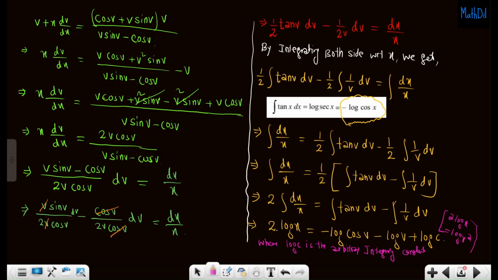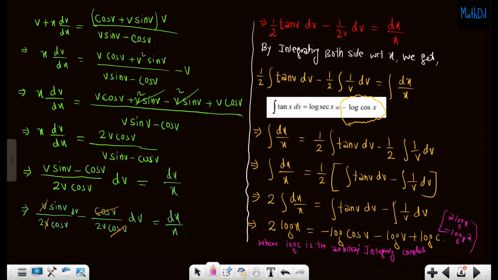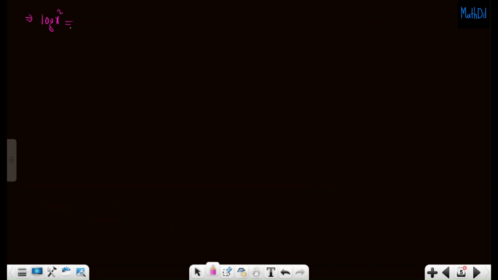Instead of a, here is 2, so we can write it like it will imply log x square, and it will be equal to minus log cos v minus log v plus log c. So students, this is our new expression.